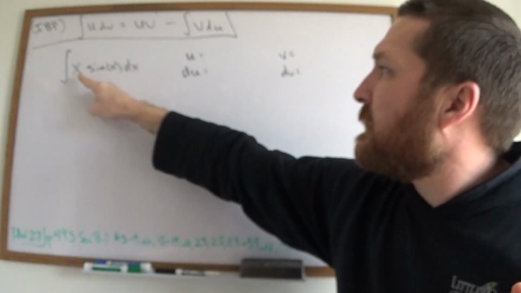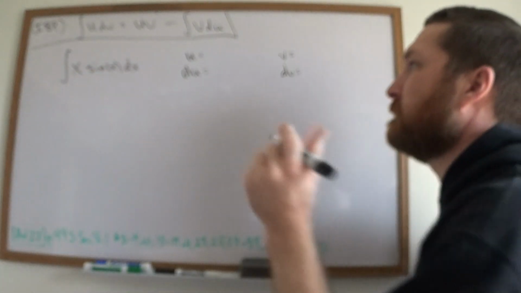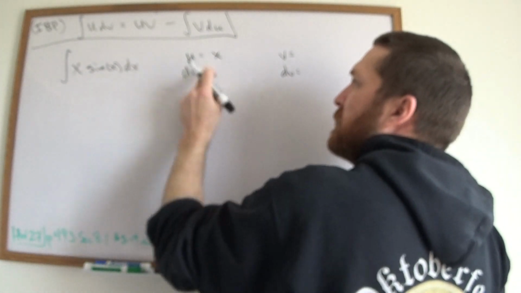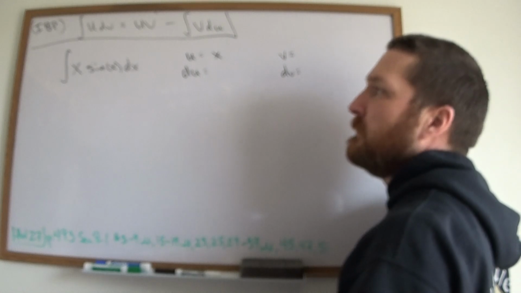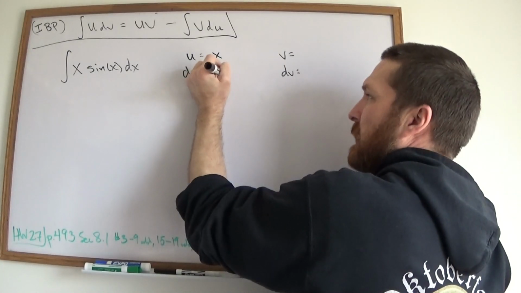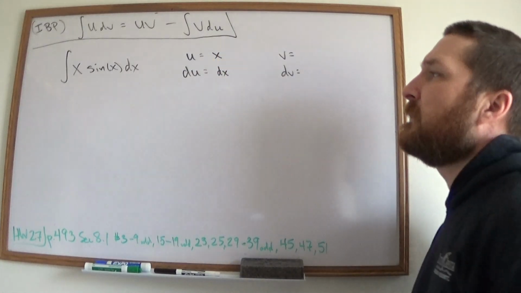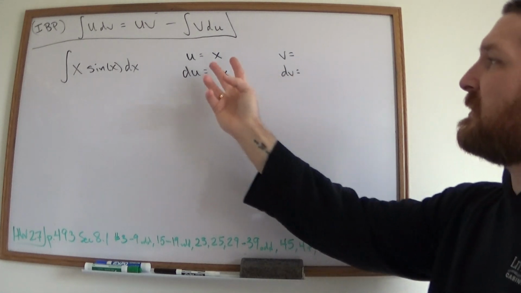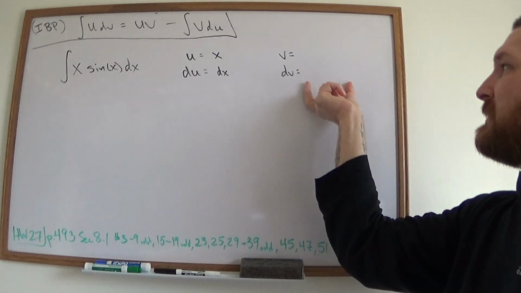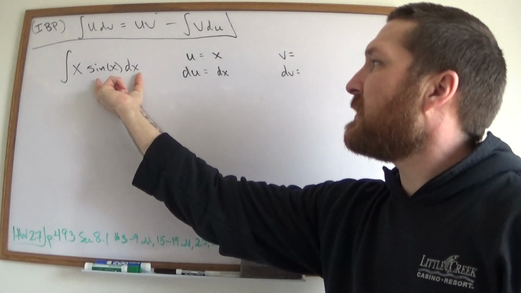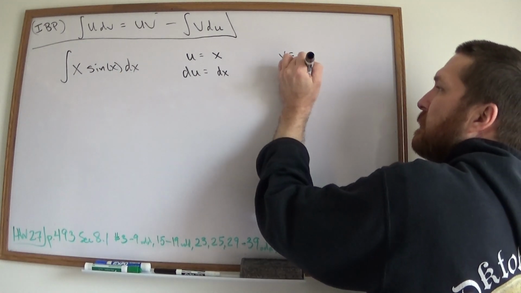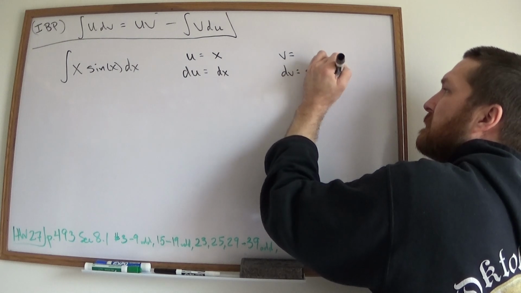I'm going to say, okay, let's let u be the x part here. So then du would just be dx. Now, everything that's not x has to show up right here. So the rest of this must be my dv, which would be sine x dx.